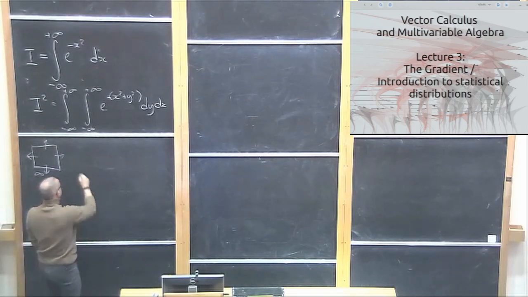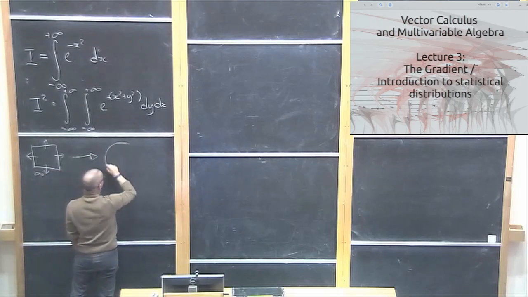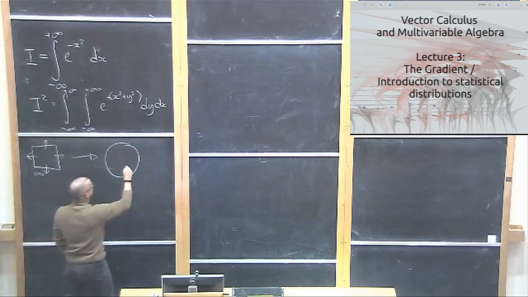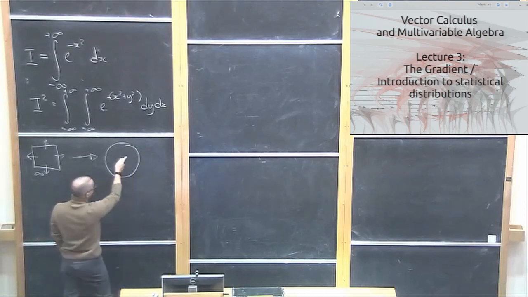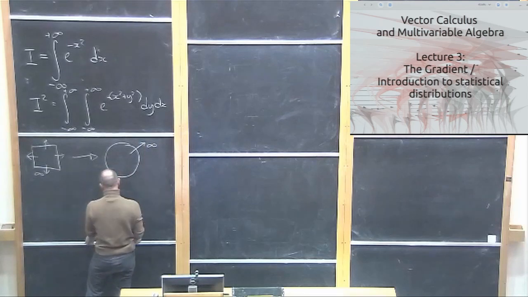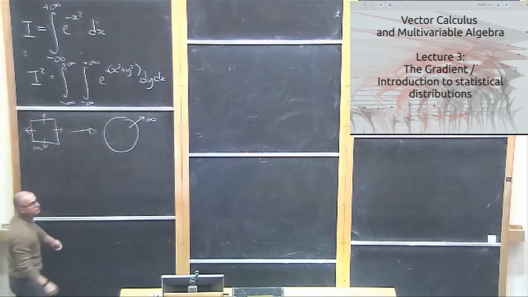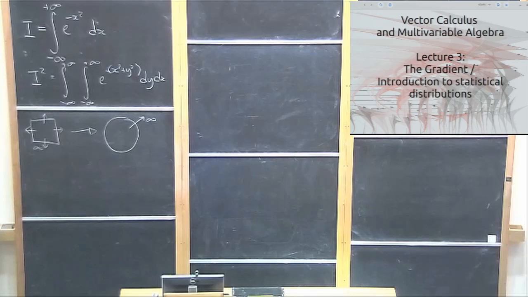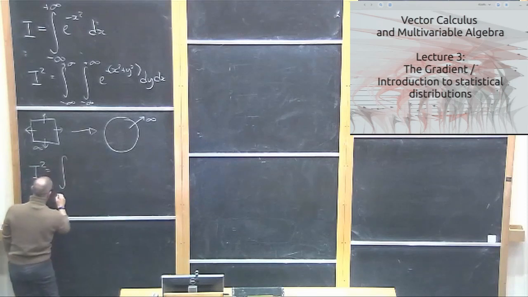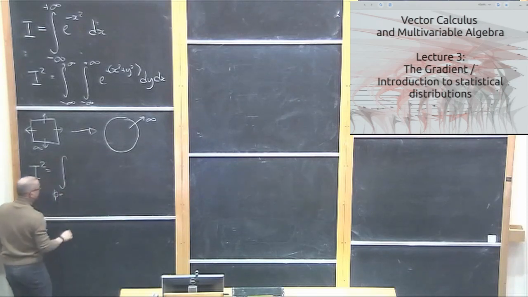If I switch this integral to plane polar coordinates, then what I'm doing is I'm integrating over a circle which extends through the full 2 pi radians and extends to infinity in all directions. And because you're going to infinity, the fact that formally these shapes are slightly different doesn't matter. So then the square of my integral becomes the integral of my azimuthal angle.